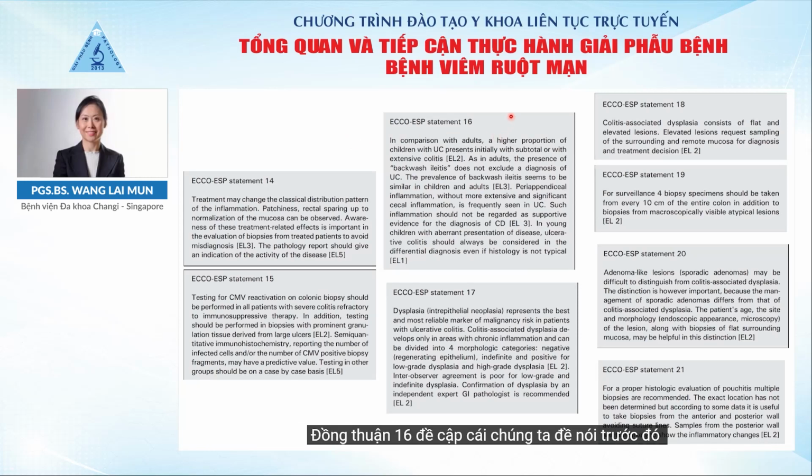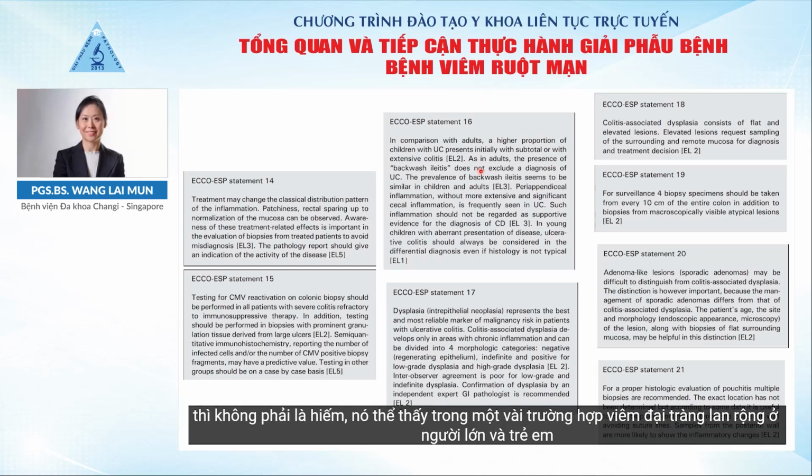Position 16 deals with what we have mentioned earlier on the situation of backwash ileitis. So do not just assume any sort of involvement of the ileum means Crohn's disease. With pancolitis in ulcerative colitis, extension into the ileum is not uncommon. It can be seen in some adults and children with extensive colitis.